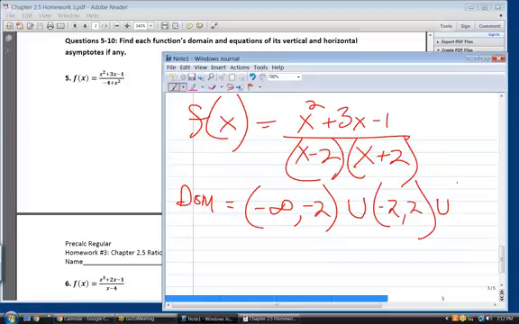And you understand the difference between parentheses and brackets? With brackets, it's like the closed point on the graph. If that was a bracket, it would mean that it would be okay to be minus 2. But it isn't okay. So it's got to be a parenthesis.